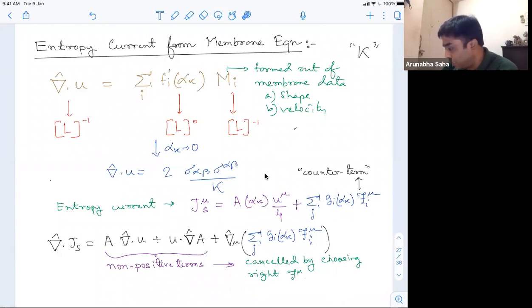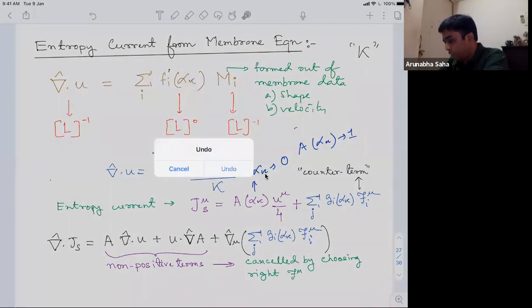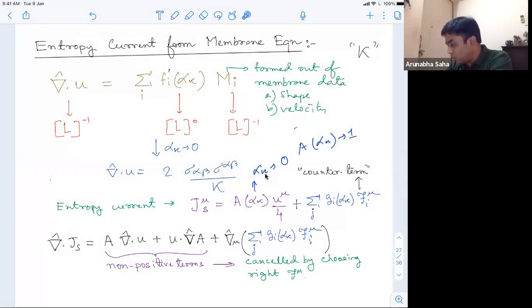The Einstein gravity entropy current was just u mu by 4 plus higher order corrections. Here I'm allowing for a coefficient degree of freedom, such that in the alpha k goes to 0 limit, this a of alpha k actually goes to 1. And similarly, these other coefficients also satisfy this limit, that they go to the corresponding value when alpha k goes to 0.